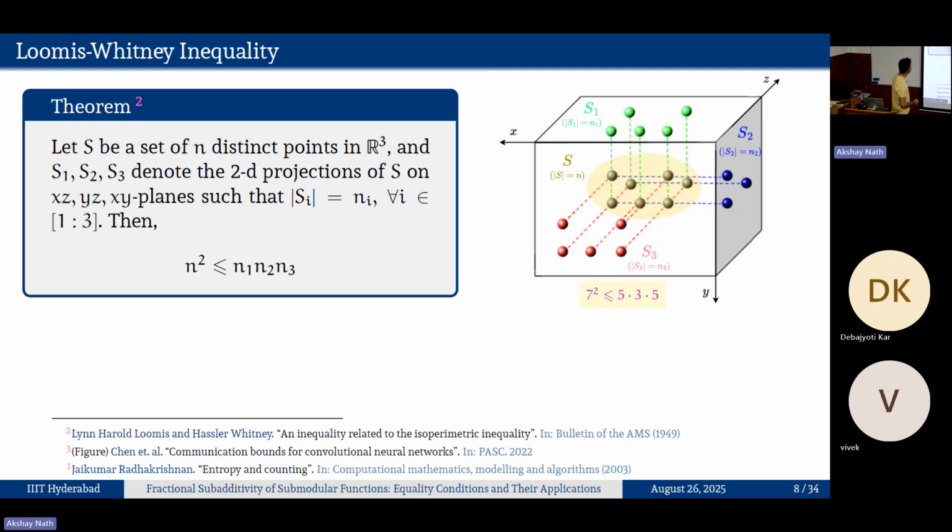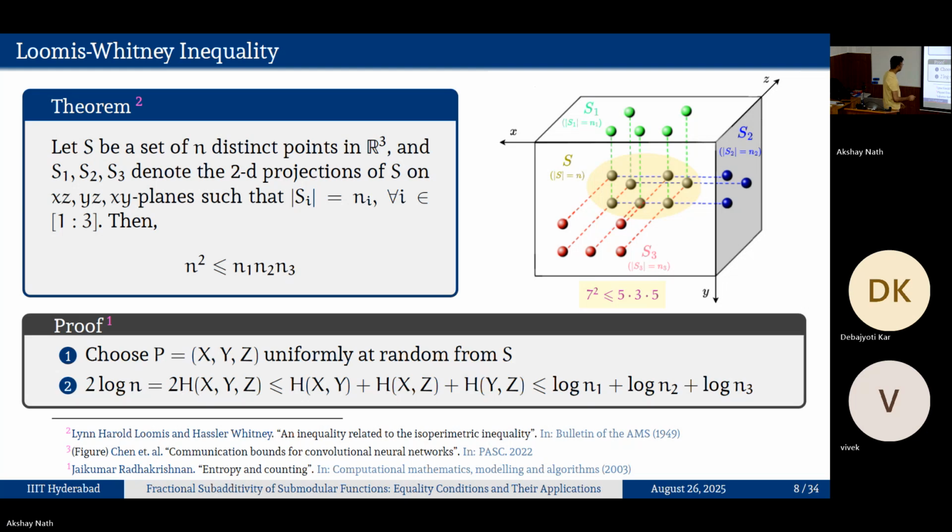The Loomis-Whitney inequality says n squared is at most n1 n2 n3. It's a combinatorial result, and obviously people would have used heavy combinatorial machinery to prove it, but you have a very simple proof for this using entropy.